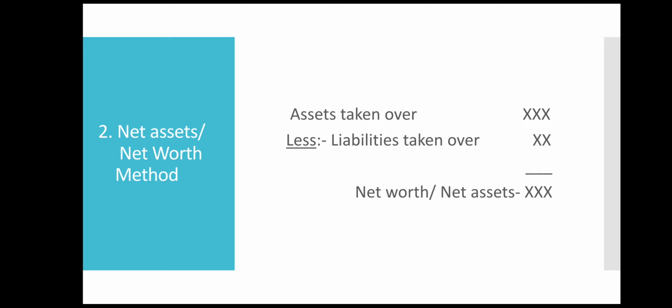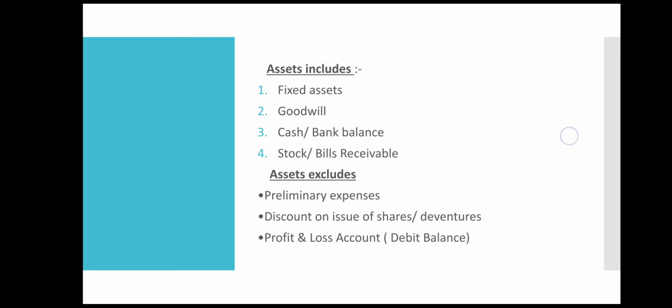So whatever remains, that is net worth or net assets. So this is how you calculate purchase consideration under this method. But here there are certain things to be kept in mind while using this method. Now what are those? Let us go through once.